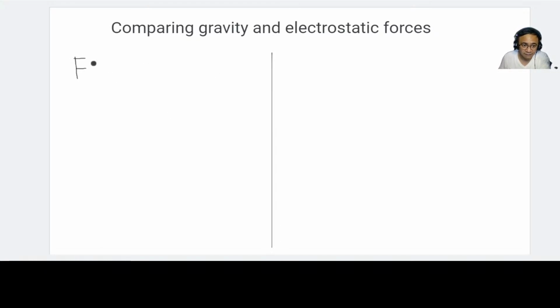F equals G m1 m2 over r squared, and the other one, let's put gravity here, right? Electrical force here would be equal to again k Q1 Q2 over r squared.